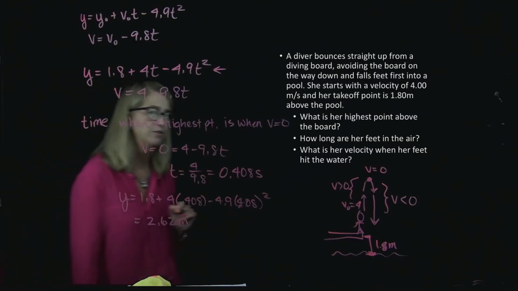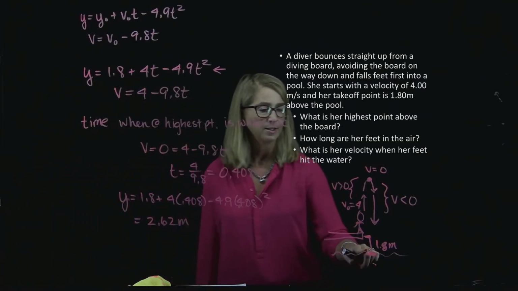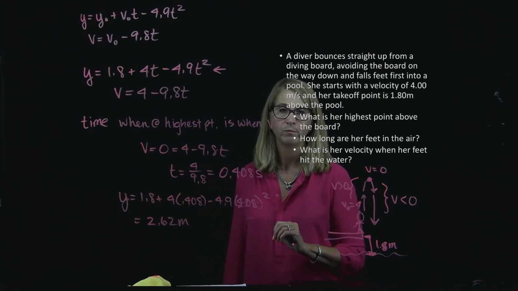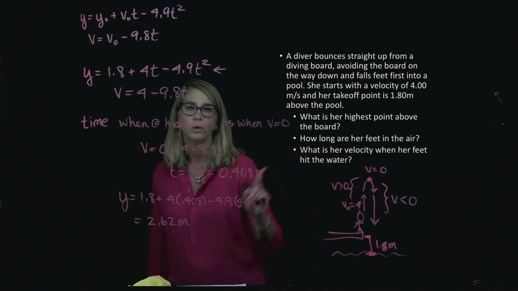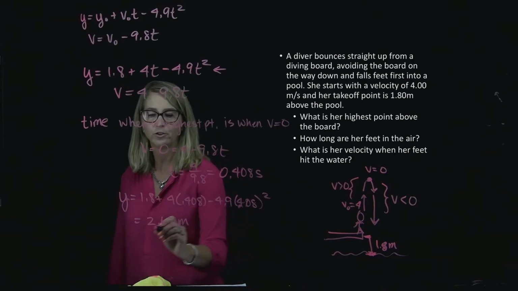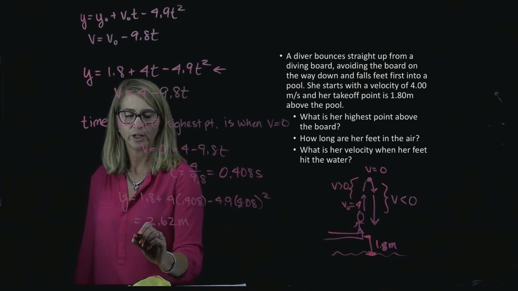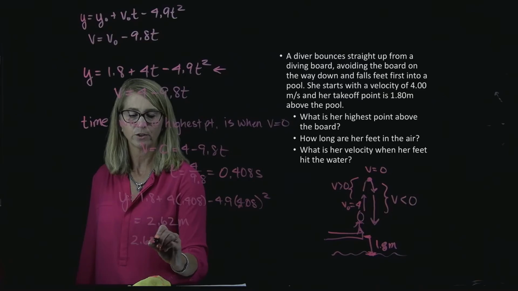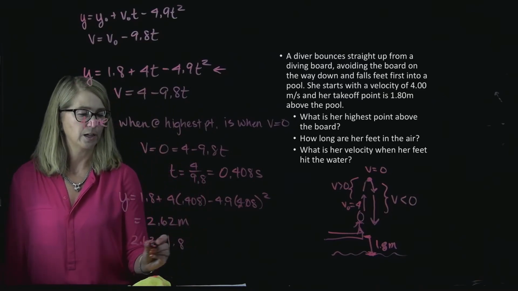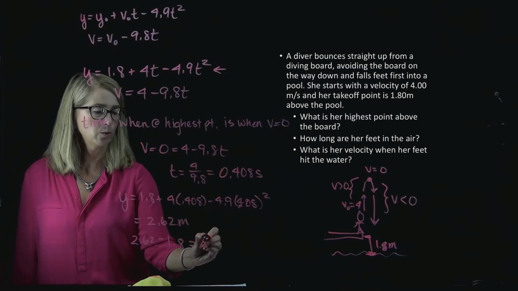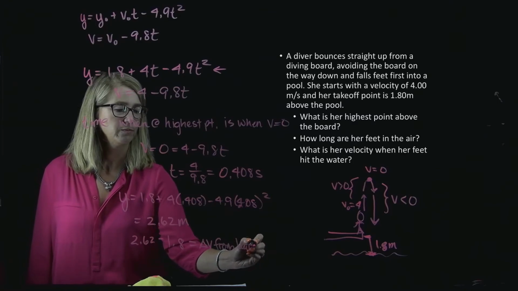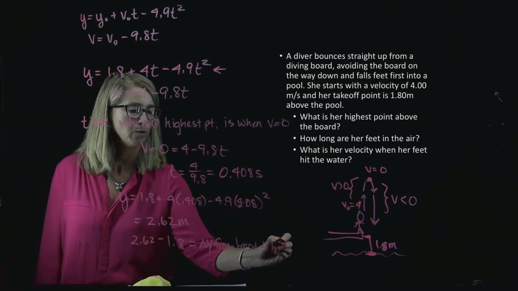Now, this is where I have to be careful because I said that the water was where y was 0. But the question asked me, what is her highest point above the board? So I need to take 2.62 minus the 1.8, because then this will be the delta y from the board to her highest point.